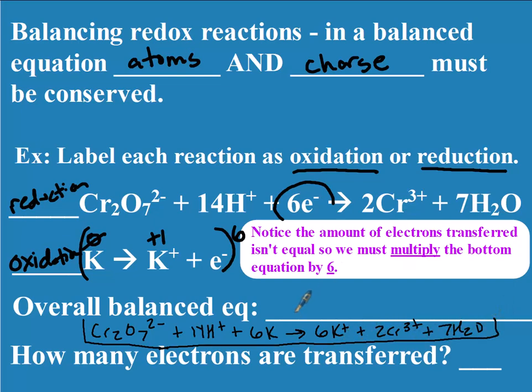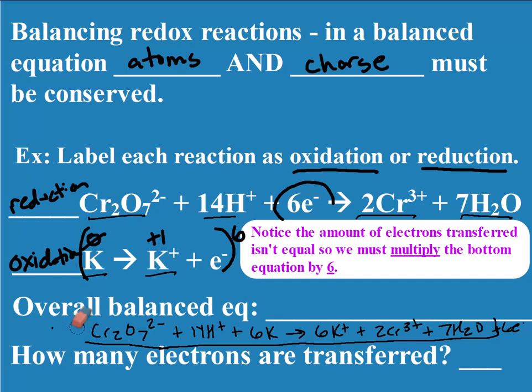So that's my overall balanced equation. Notice I have 1 dichromate, 14 hydrogens, 6 potassiums, 6 potassium ions, 2 chromium ions, and 7 waters. My 6 electrons on both sides, technically I had 6 electrons here, and I had 6 electrons over here.